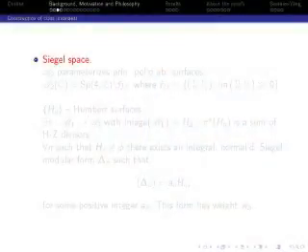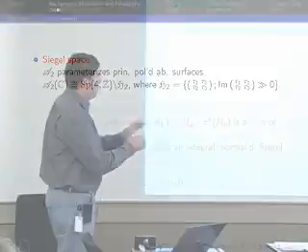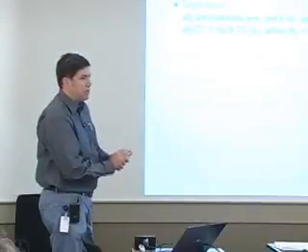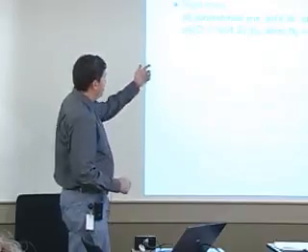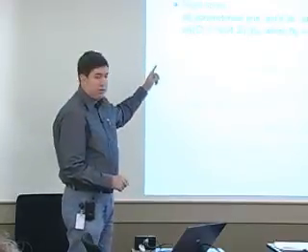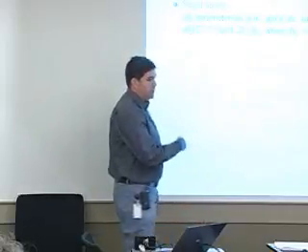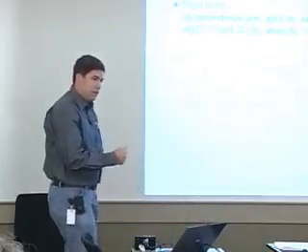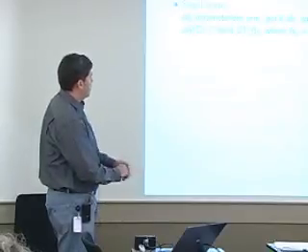Another way one could generalize is to go to the Siegel space, which just parameterizes abelian surfaces, principally polarized, but if you haven't seen it before, don't worry about it. Okay? So you just look at abelian surfaces. There's a difference between this and what we just talked about. We don't assume anymore that the abelian surface has multiplications or endomorphisms by a given real quadratic order. Just abelian surfaces.